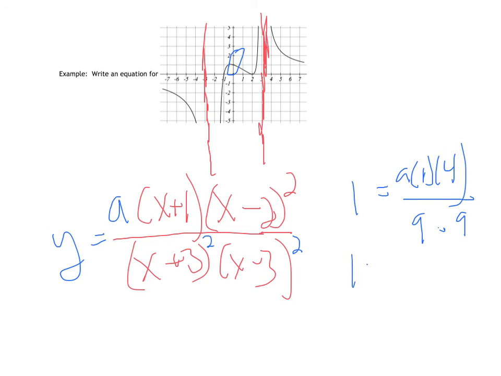So that would be 1 equals a times 4 over 81, where we're going to multiply by the reciprocal of 81 over 4. I'm multiplying, so that a should be 81 over 4.